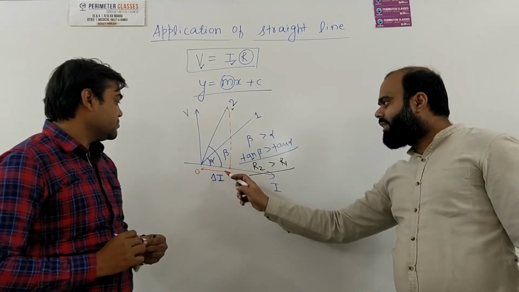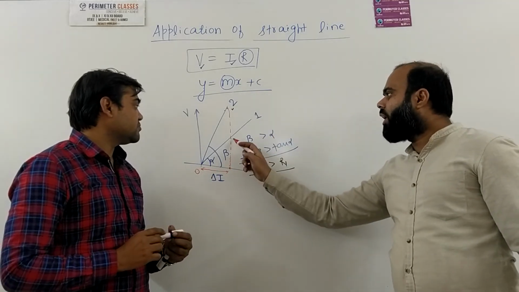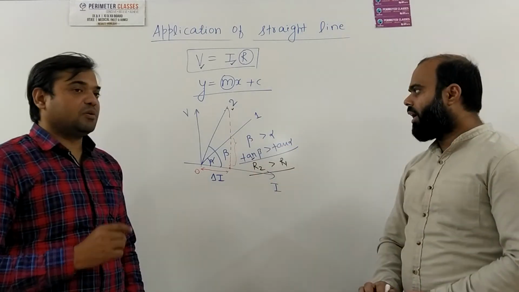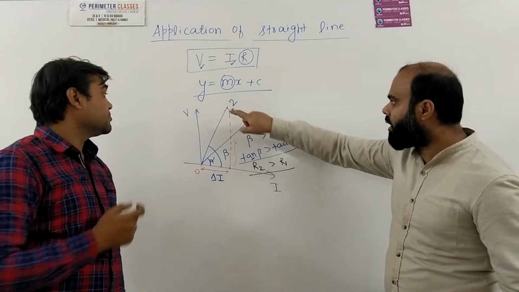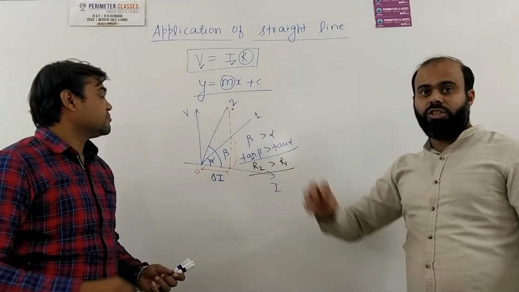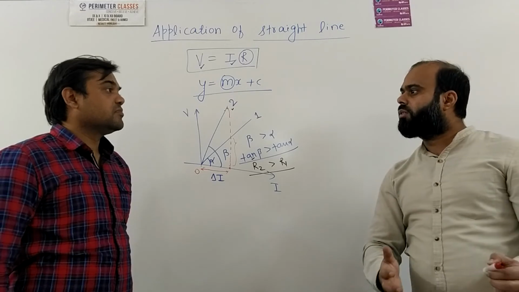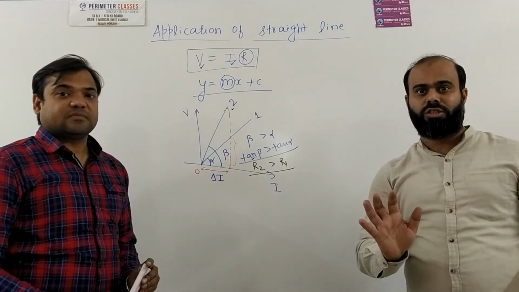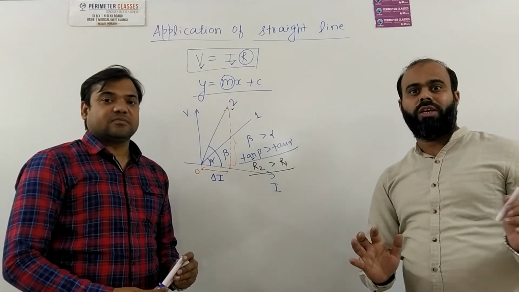For this delta I, the first graph has to apply a smaller potential, and this graph has to apply a bigger potential. So this graph is actually working more in order to pass the same current. Because the resistance is high, more power and more energy are required.